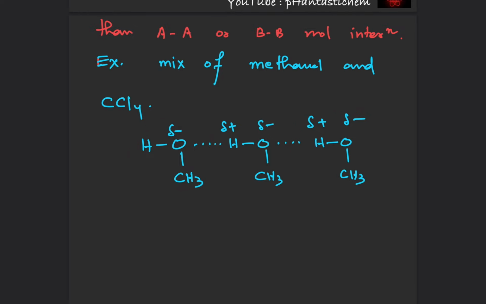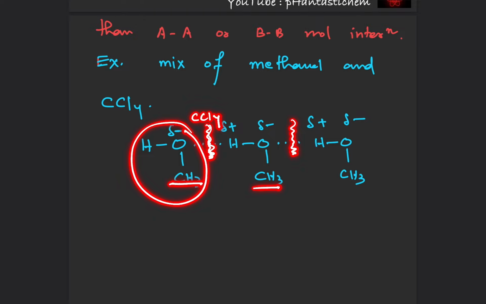The moment we add CCl4, its molecules get in between the molecules of methanol. So the CCl4 will come and sit in these locations, due to which it breaks the hydrogen bonds and decreases the methanol-methanol interaction, and the new bonds between CCl4 and methanol are not very strong, so they can easily form vapor.